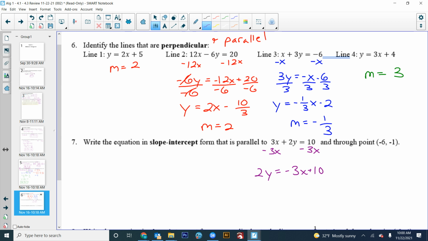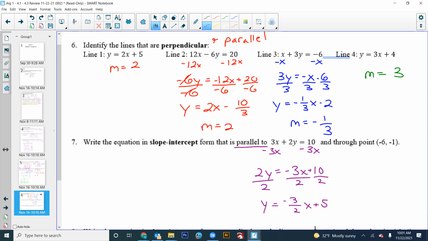All right. Number 7, write the equation in slope-intercept form that is parallel to. Parallel to. My biggest warning is to look at this equation of this line. Do you all agree that's not in slope-intercept form? You can't just look at that and say you know the slope. You have to put it in slope-intercept form. So we're going to do that first. So y equals negative 3/2 x plus 5.